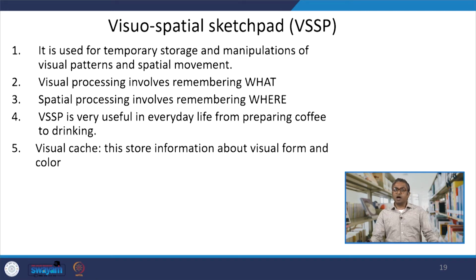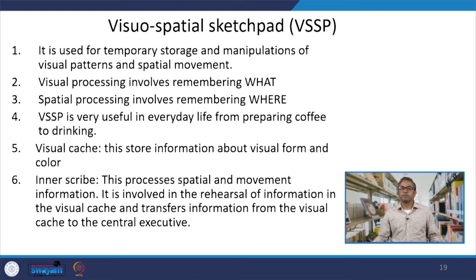Even there are small units of information in visual form, like color, shape, size, texture, which we call the visual cache. More than that, the inner scribe talks about spatial and movement information, visual information which is spatially moving in the environment, in the context. It also involves the visual cache and transfer of the visual cache to the central executive system.